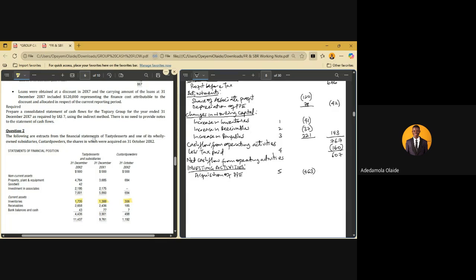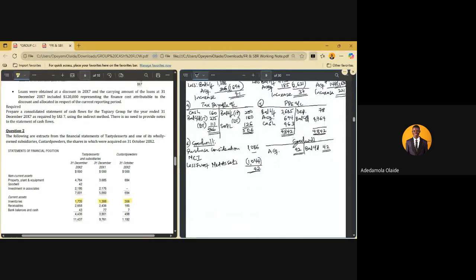Investment in associate. We have balance brought forward 2175. There was no acquisition of associate during the year, but we have a closing balance of 2195. But don't forget, from this associate, we share their profit during the year to the tune of how much?